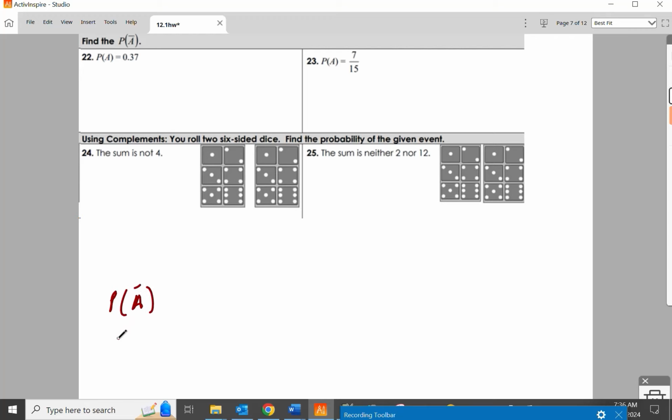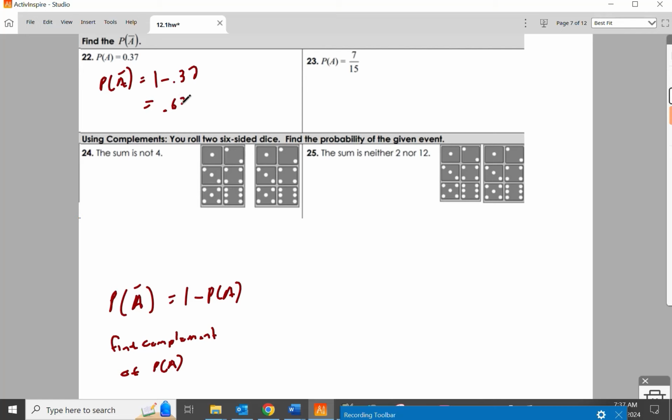It's asking you to find the complement of the probability of A. And the complement of the probability of A would be simply 1 minus P of A. So here, the complement of A is going to be 1 minus 0.37, which is 0.63. That's how you do those. They're not hard.